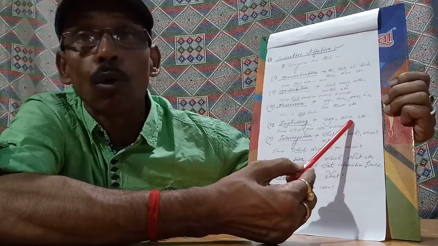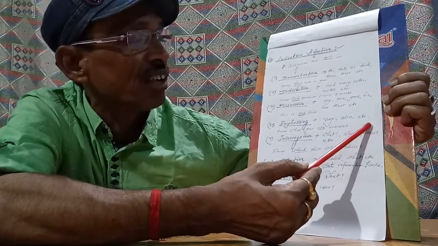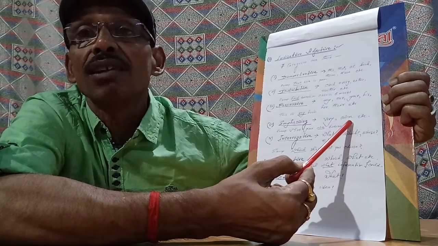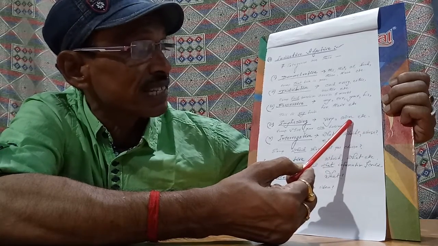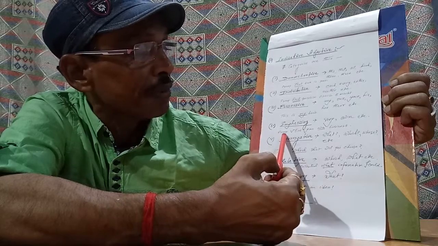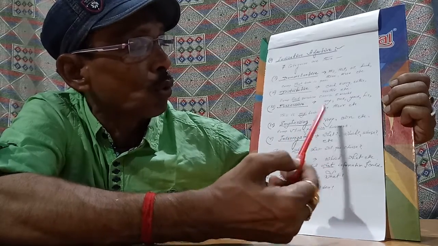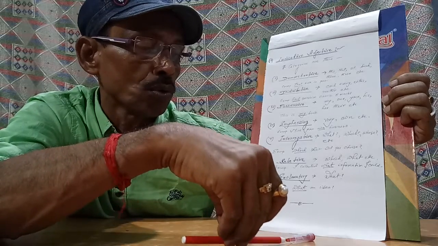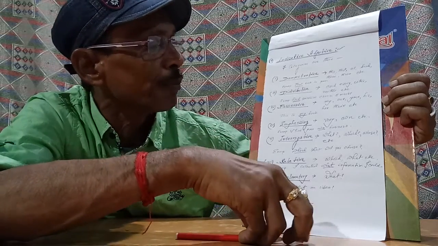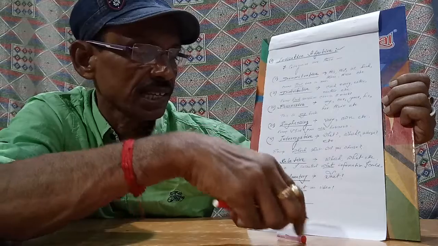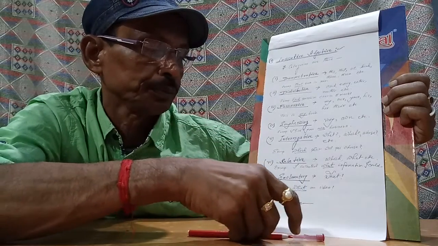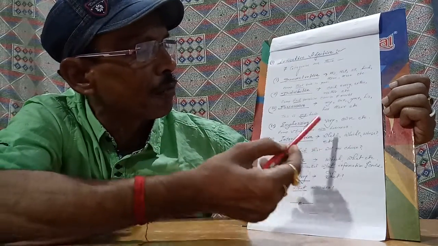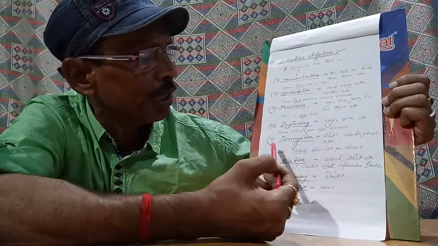Very, own, etc. are the examples of emphasizing adjective. I have written a sentence, mind your own business. Here, own is the example of emphasizing adjective.